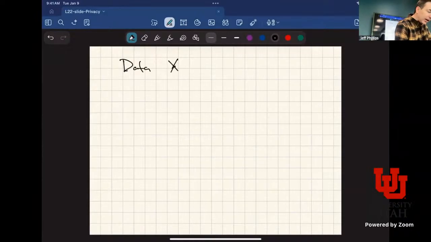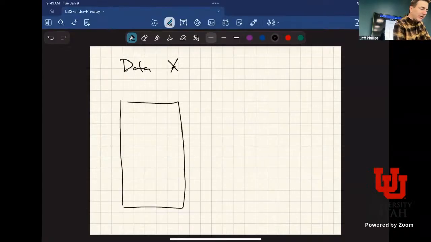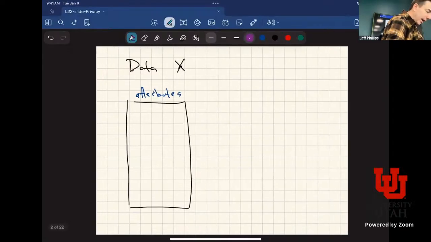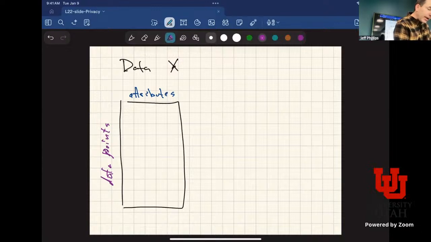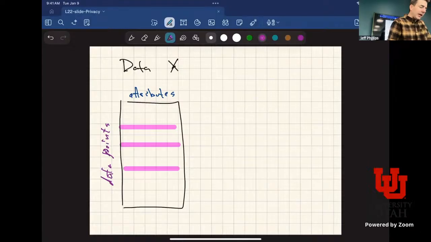And we could think of this as a matrix often, where we have these attributes and these data points, right? So each of these rows is going to be a data point. Each of the columns is going to be an attribute, right?